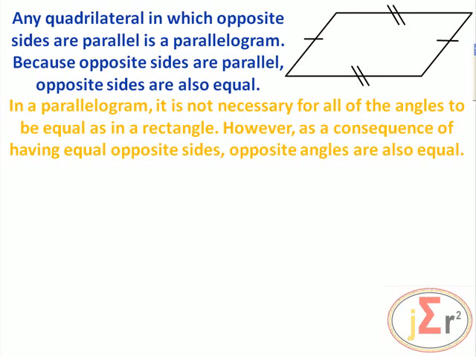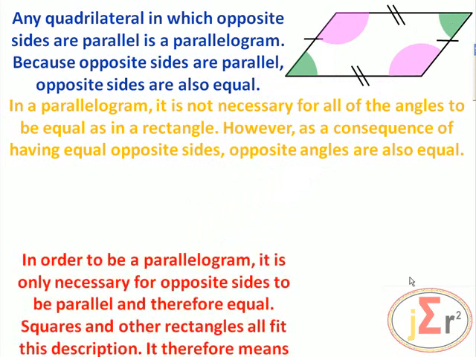So opposite angles of a parallelogram are also equal. So those angles, the green ones, are equal, and those, the purple or lavender, are also equal.